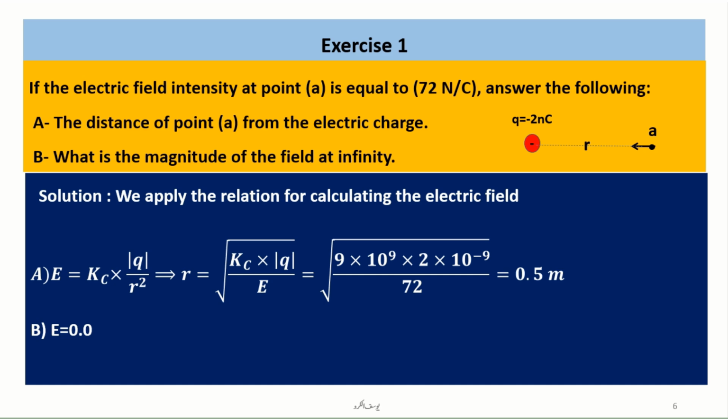That leads to 0.5 meter, half a meter. Number 2, or B: the E at infinity equals 0, because there is no field, no effect of the charge.